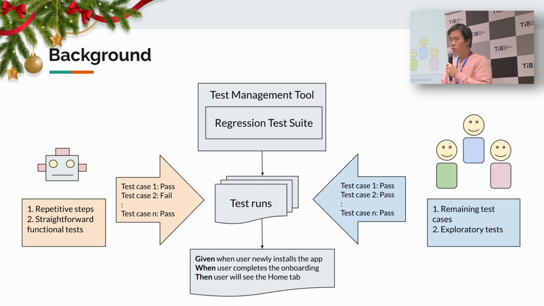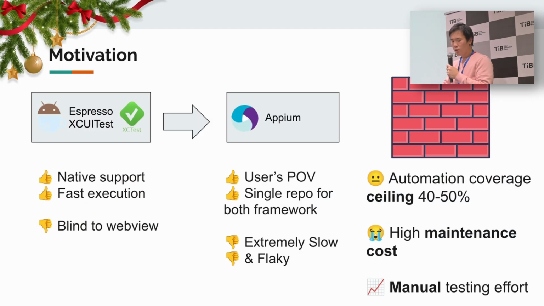So it was essential for us to increase the automation coverage. So we started with native frameworks for executing tests. For Android, it was Espresso. For iOS, we use XCUITest. It was working great.